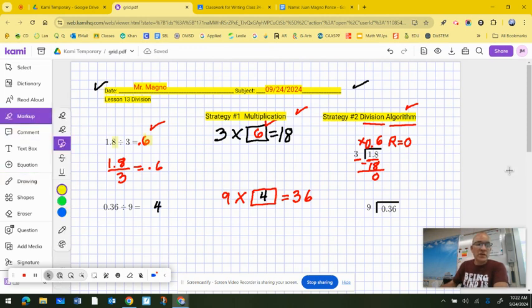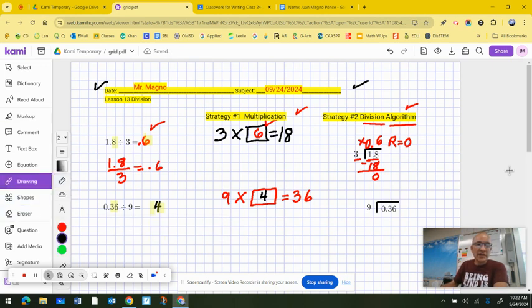Let me review. If the dividend has 2 digits to the right of the decimal, there should be 1 digit here and 1 digit over here. That will be the number 4. Which means in this case that you need to have a 0 in front of the 4 and the decimal there. So the answer is going to be 4 hundredths.